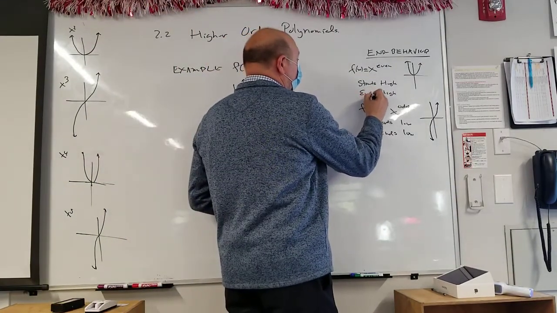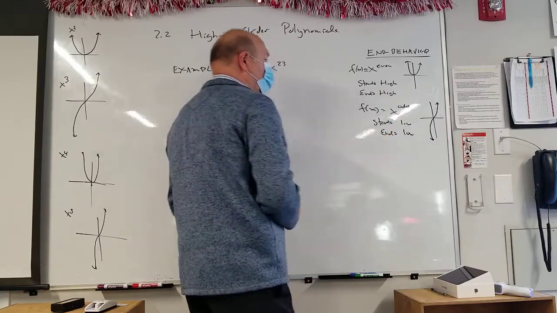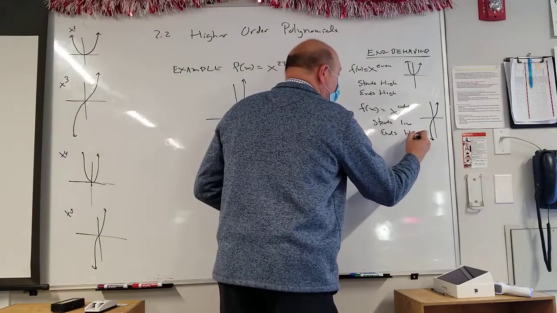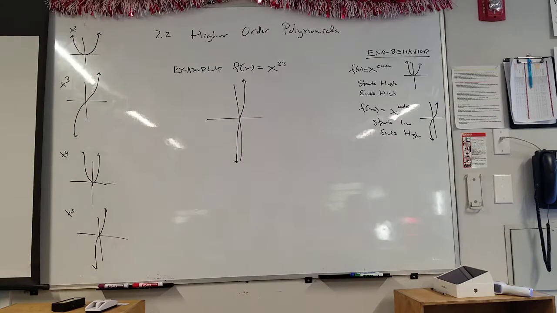No, after equals the odd power. Oh, and ends, thank you, Lisa. Boom. Ends high. We good? So that's the first concept of end behavior. And this whole point is just for us to understand these things. That's going to go to the third, to the fourth, to the fifth, to the sixth power.